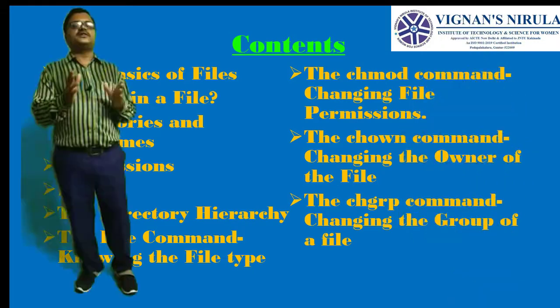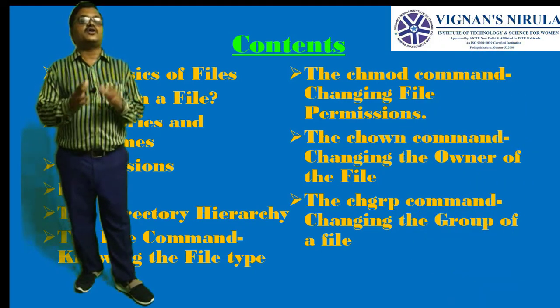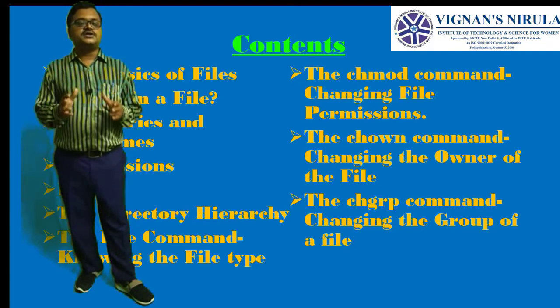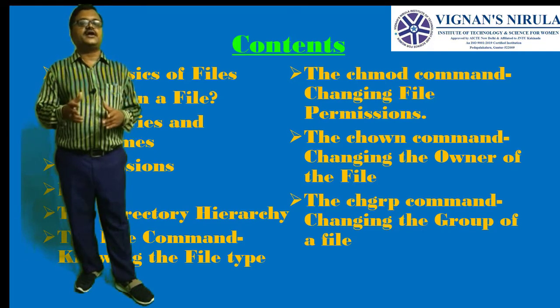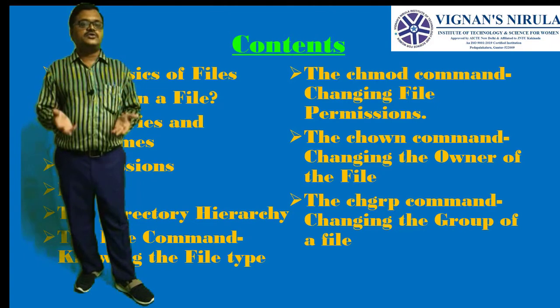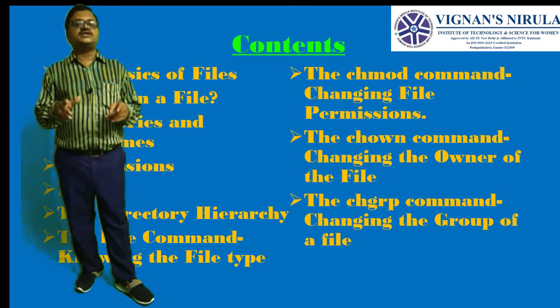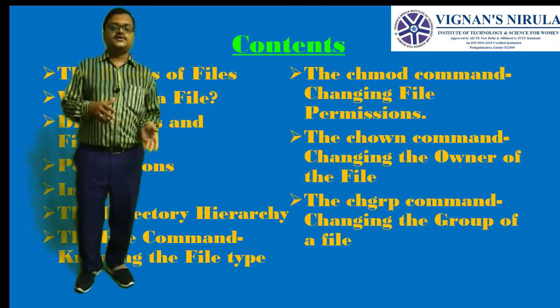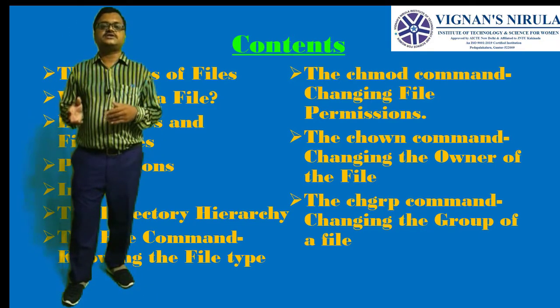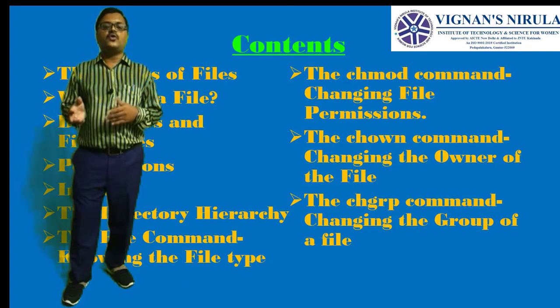That means simply copying the file from one login to another login, not the directory. If you copy from one directory to another directory, it still remains in the same login, so the user who is the owner remains, and hence the ownership will not change. Ownership only changes when we move the file from one user to another user, that is, from one login to another login. How can we do that?